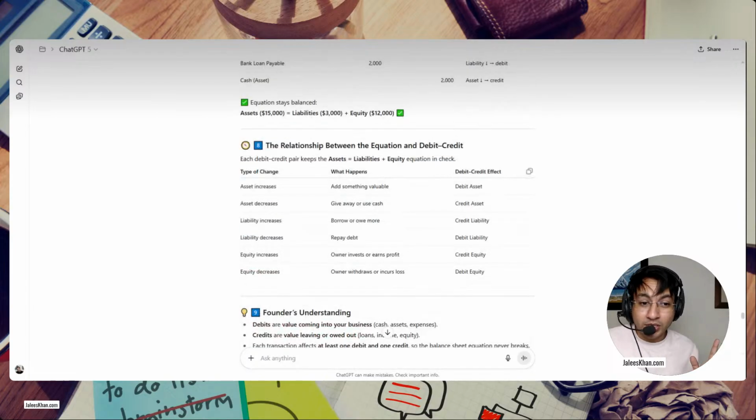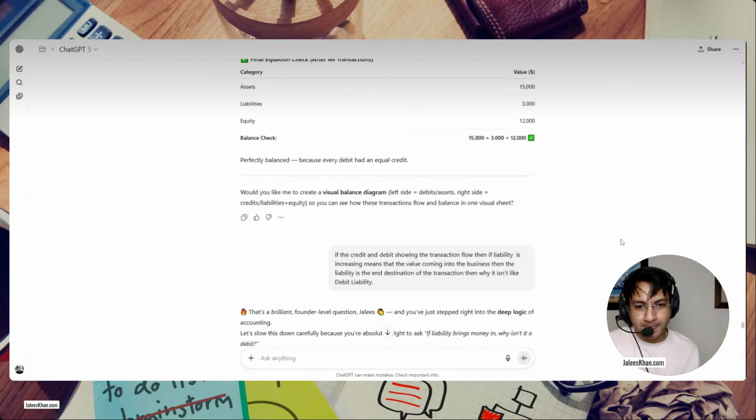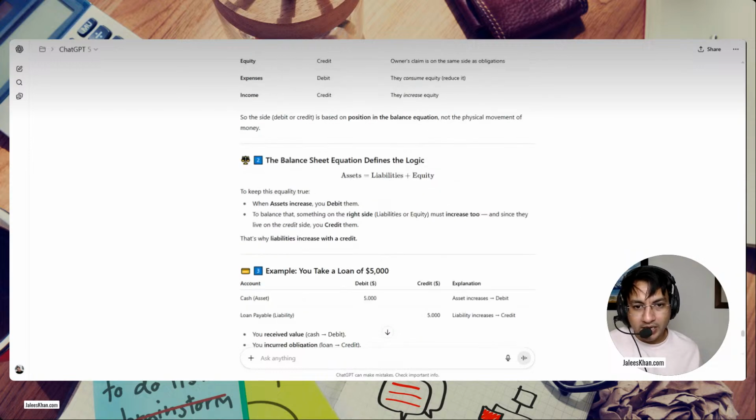But what about the equity? If it's credit, then it is going to be debit. I am the owner of the business, and the business is a separate entity from me. I am the owner or the founder. So if I am giving something to the business, it is going to increase my equity.